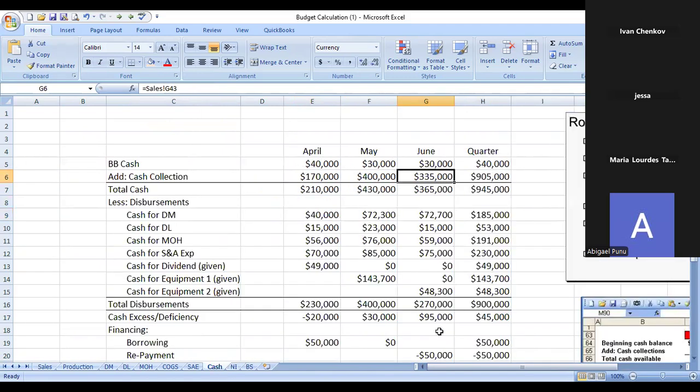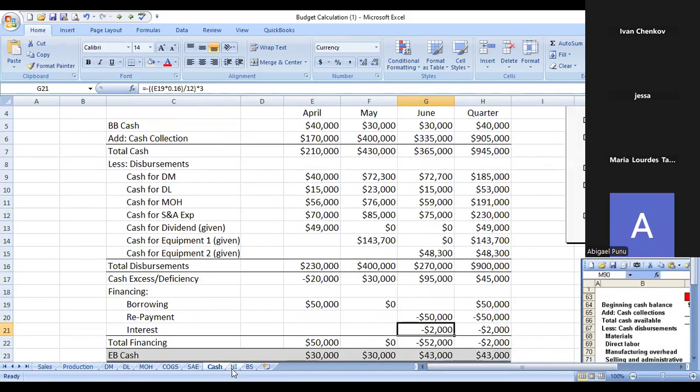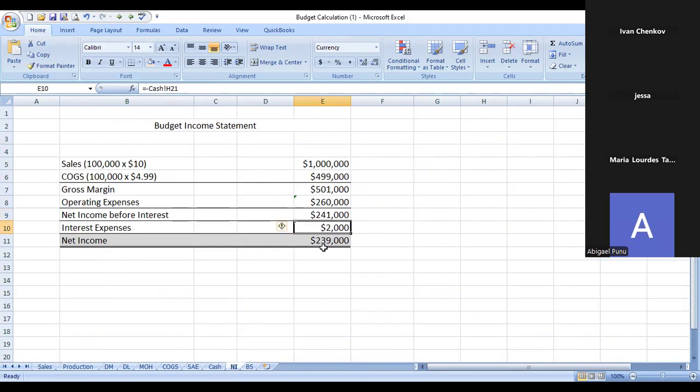From the cash, we know that we're paying $2,000 for interest. We're going to incorporate those $2,000 and we're going to see that for the second quarter, we're going to generate income of $239,000. So let's go to the slides and see these numbers.